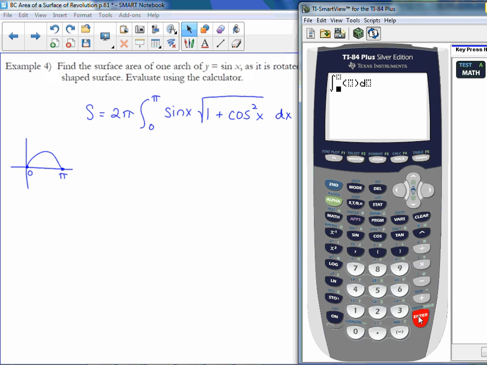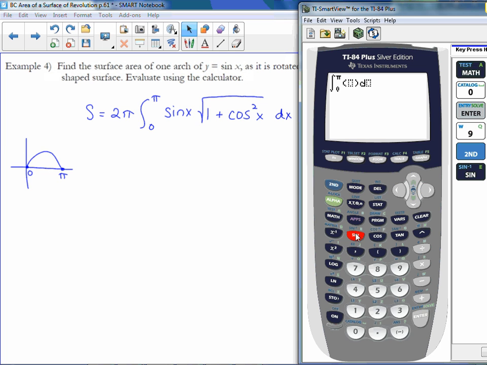Okay. So next we want to put in our limits, 0. Oops, I hit Enter. Let's hold on. Clear. Okay, one more time. Math, 9, and then 0. And notice that it gives you a right arrow, so what I should have hit was the right arrow. And then pi, second, pi, right arrow. And then I'm going to enter in my function.